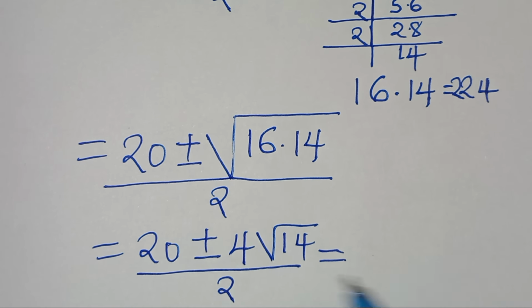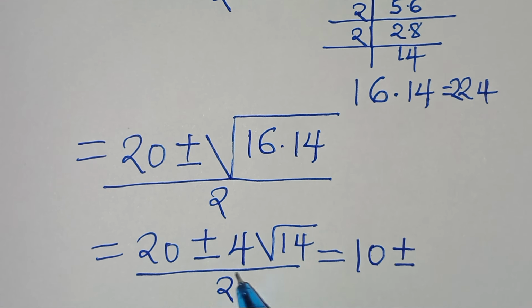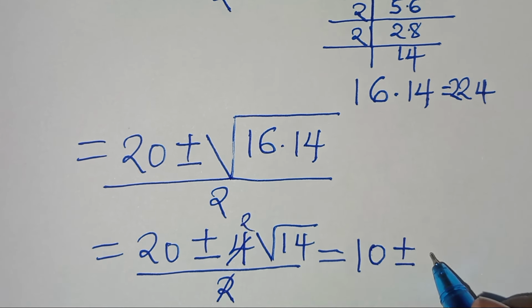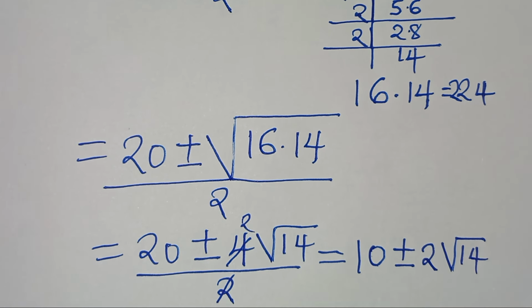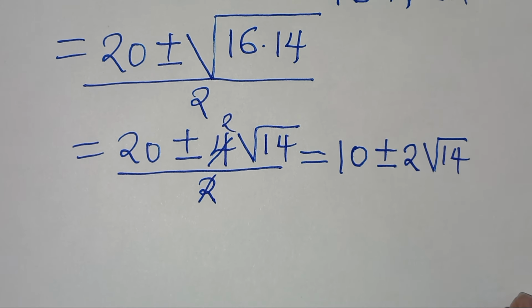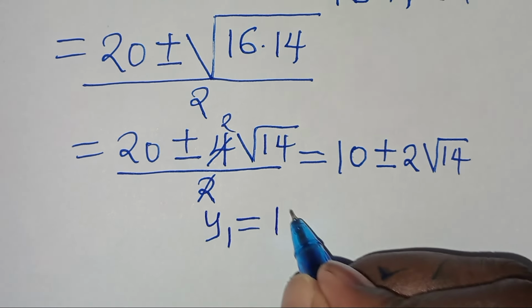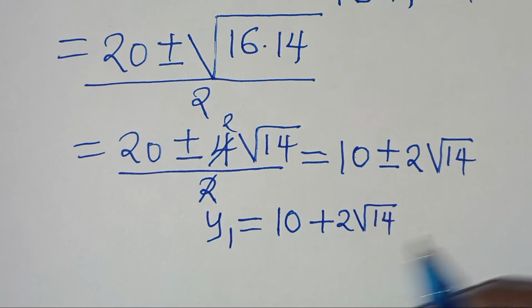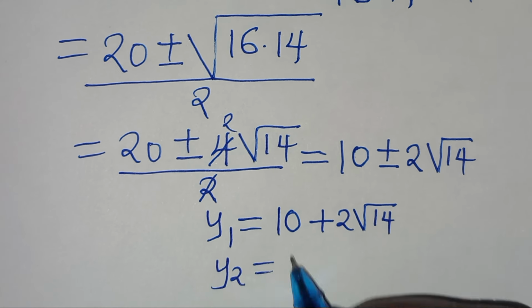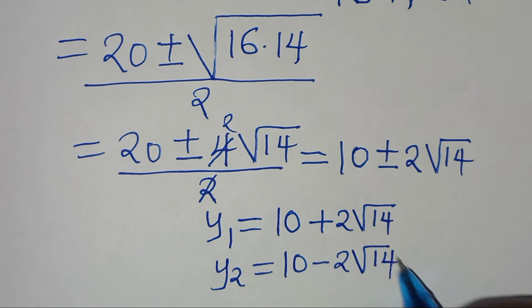Let's simplify here. 20 divided by 2 is 10, then plus or minus 4 divided by 2, this is 2, we have 2 square root of 14. So this shows that y1 is equal to 10 plus 2 square root of 14, and y2 is equal to 10 minus 2 square root of 14.